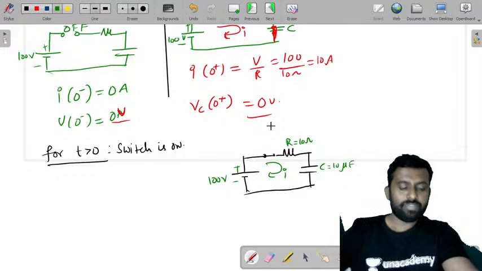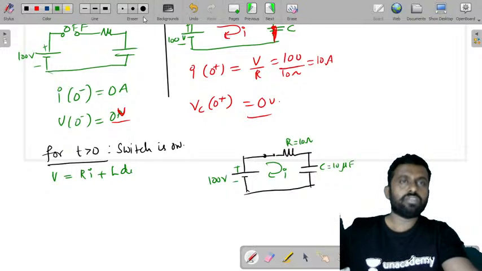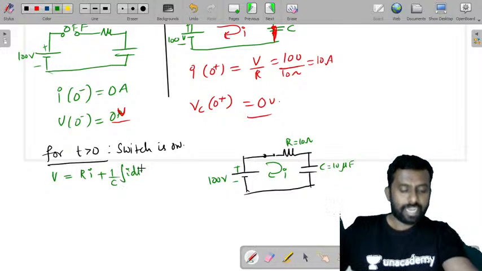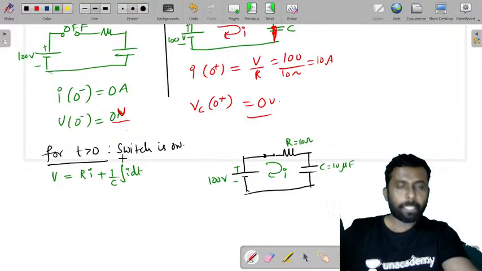Can we write the equation for this? Yes, we can. V is equal to R into i plus 1 by C integral i dt.